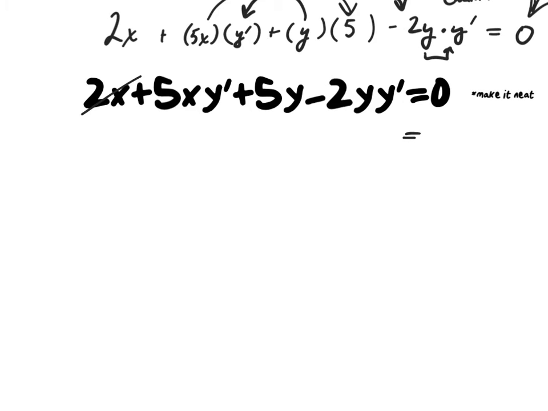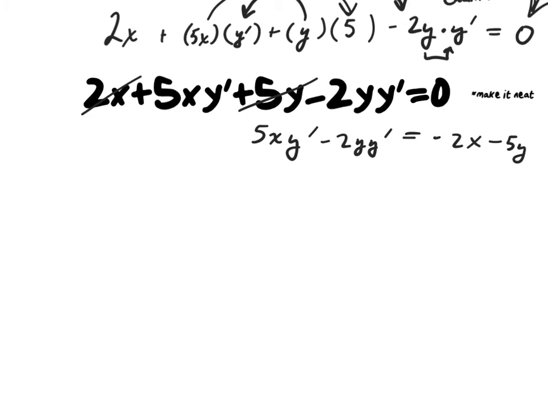So 2x, I could subtract that to get it to the other side. And that positive 5y, I can subtract it to get it to the other side of that equal sign. So far, I've moved my 2x plus my 5y, and now I have negative 2x minus 5y.